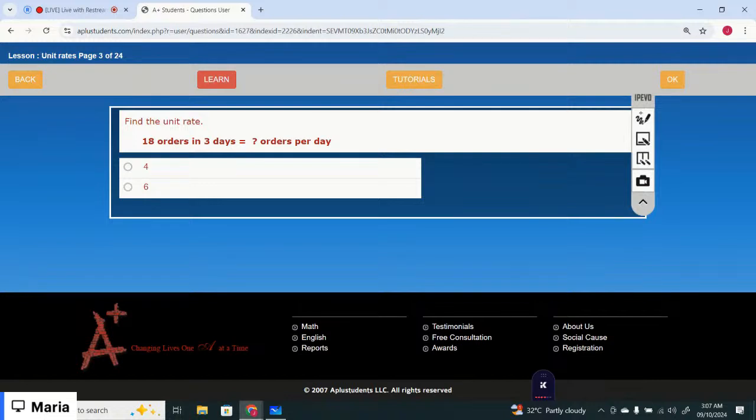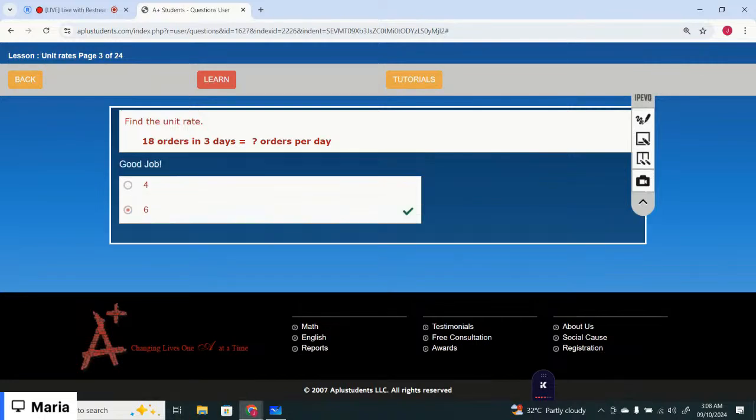Eighteen divided by 3 is 6. So the correct option is 6 orders per day. The correct option is option number 2, that is 6 orders per day.